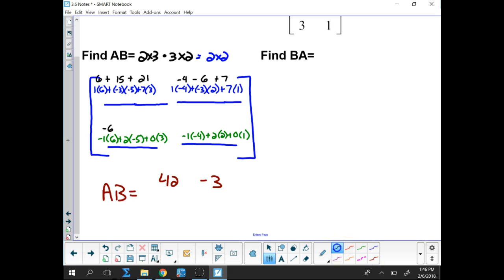Negative 6 minus 10 plus 0 is negative 16. Four plus 4 plus 0 is 8. Agree with that one?